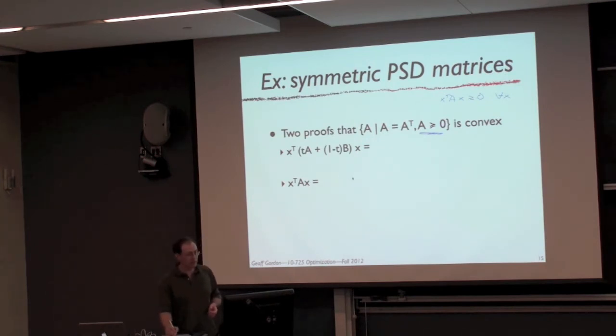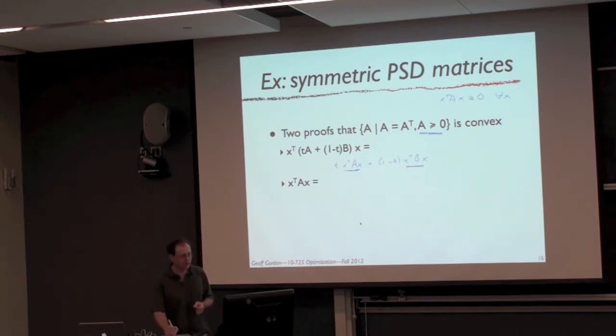One is that I can just directly use the definition of convexity and expand that to t times x transpose Ax plus 1 minus t times x transpose Bx. And if this is bigger than 0 and this is bigger than 0, well, their average is bigger than 0, right? So that's a very nice, simple proof that the set of positive semi-definite matrices is convex.